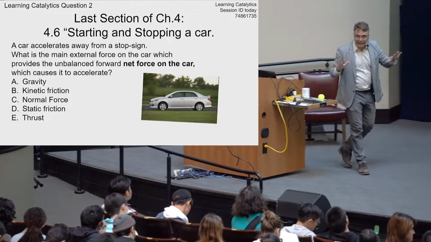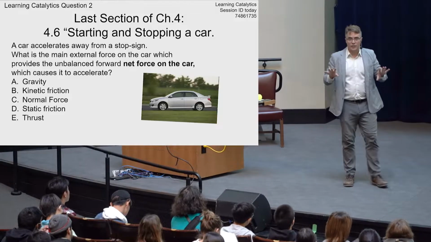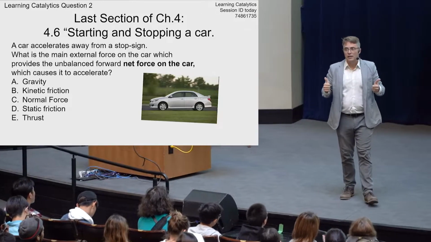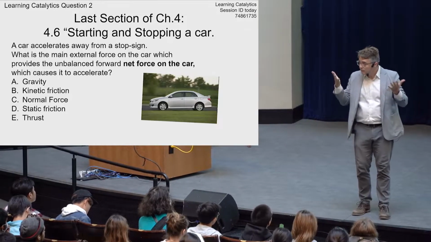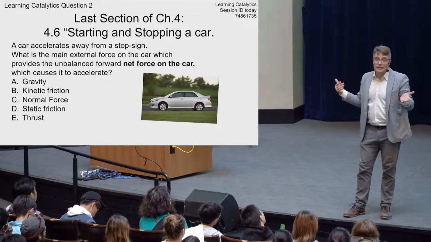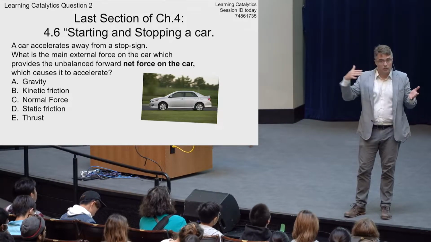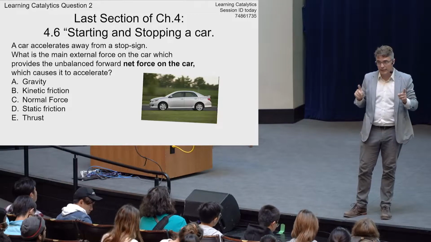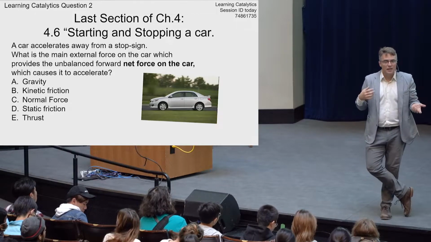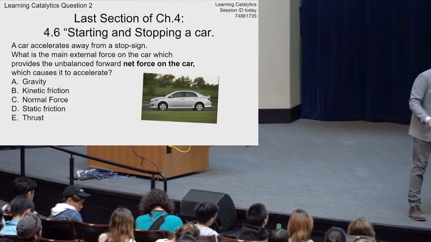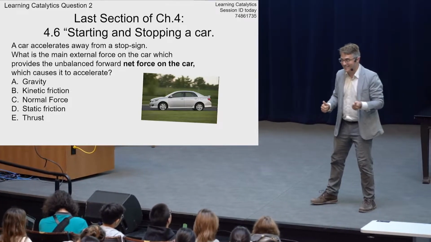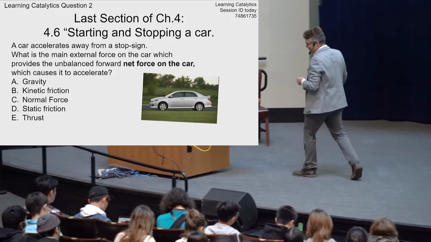So actually, I like that you all answered friction. That's absolutely correct. Friction is a horizontal force, unlike gravity, so it can get the car going, parallel to the ground. So really the big dilemma here is whether it's static friction or kinetic friction. I have a lot to say about that today.